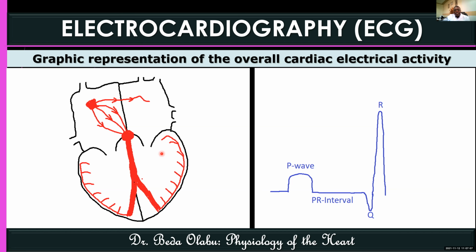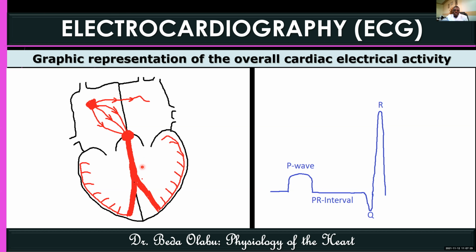After that, the rest of the ventricular musculature now receives the impulses. Look, from the left ventricle, because this is the one that takes overall, the impulses will move from this point that way.